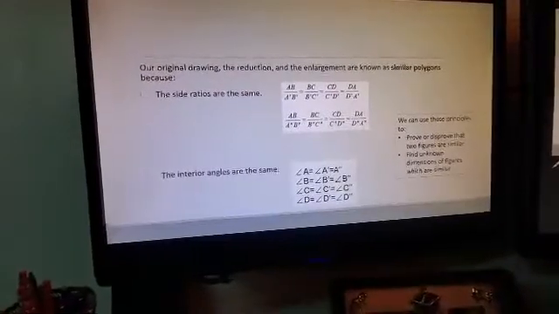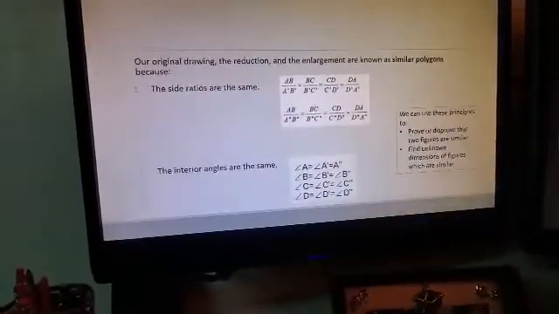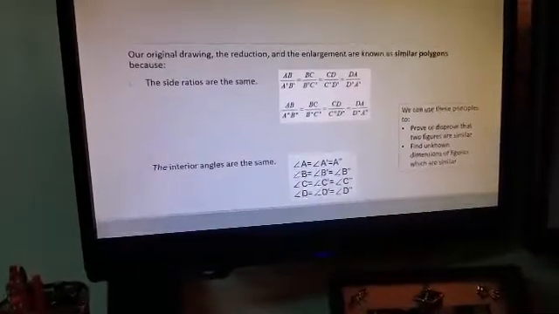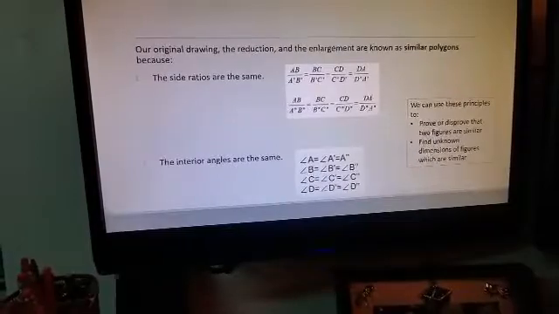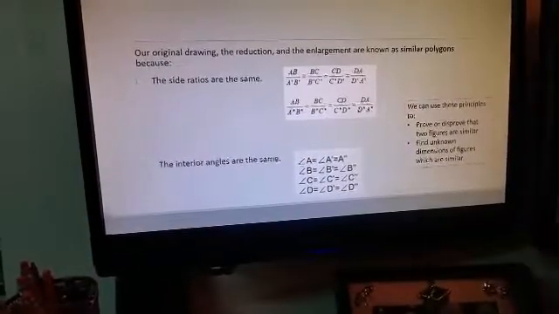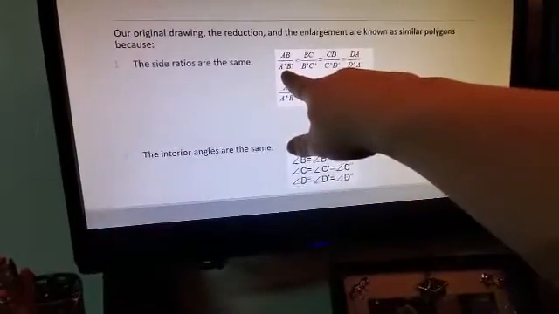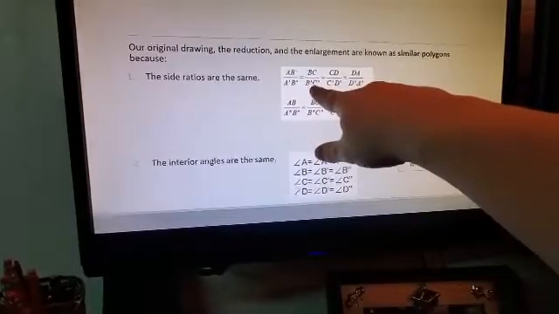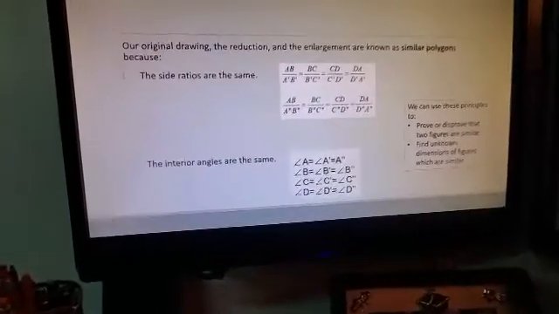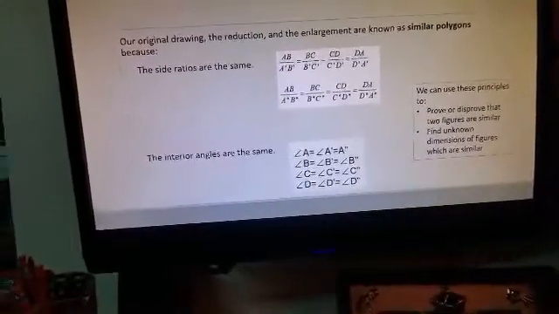So our original drawing, the reduction and the enlargement, are similar polygons because the side ratios are the same. So if we were to measure the side lengths of all of those polygons, we would see that the ratio of AB to A'B' is going to be the same ratio as BC to B'C', etc. So the ratios are going to be the same.